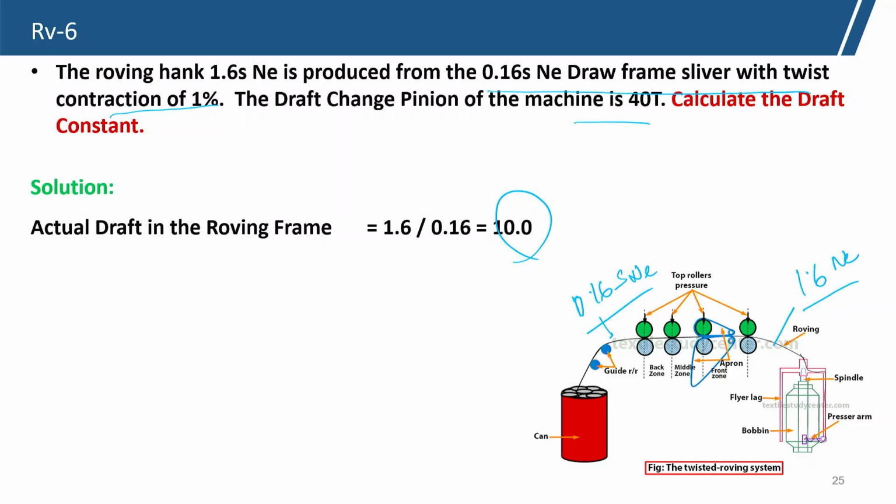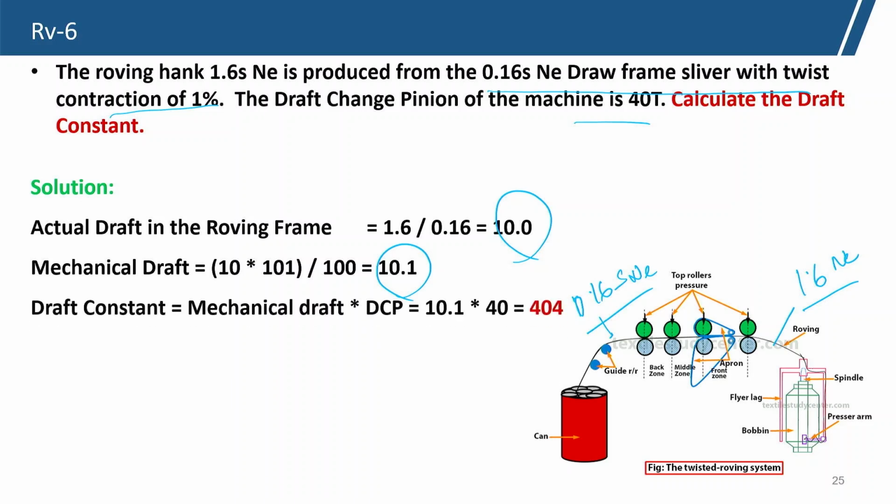Now, the mechanical draft should be a little bit more than that, 1% more than that. So, the mechanical draft will be 10.1. Okay, 10.1 is the mechanical draft, and based on that we will calculate the draft constant.